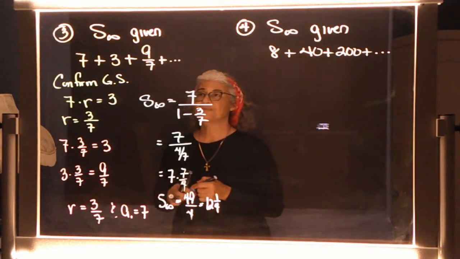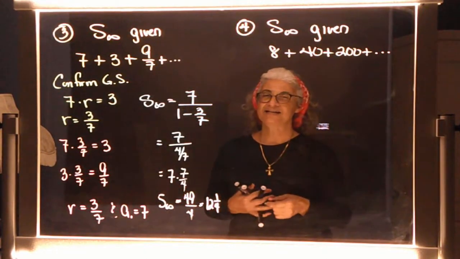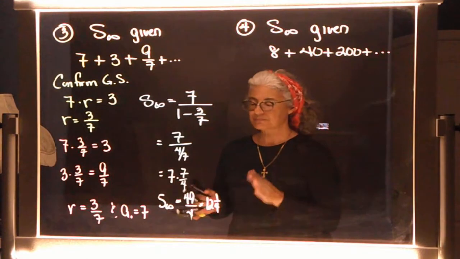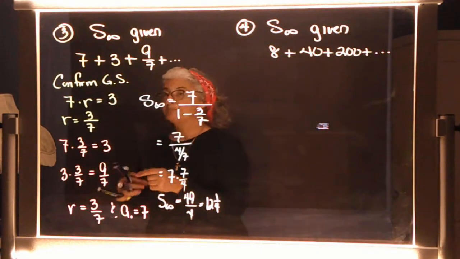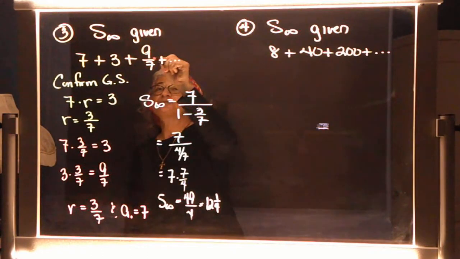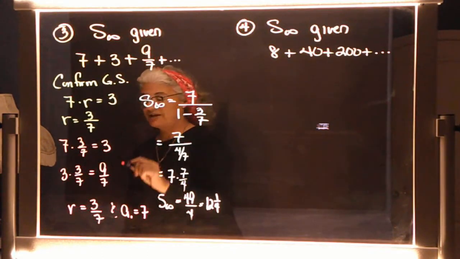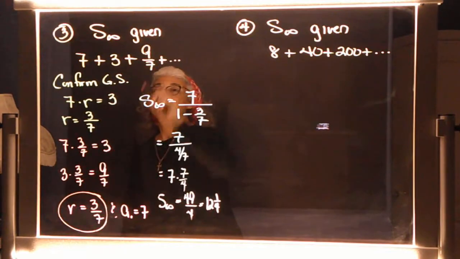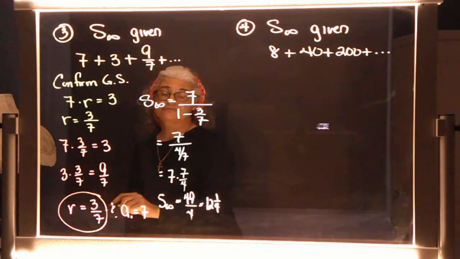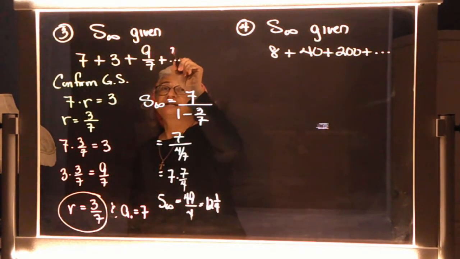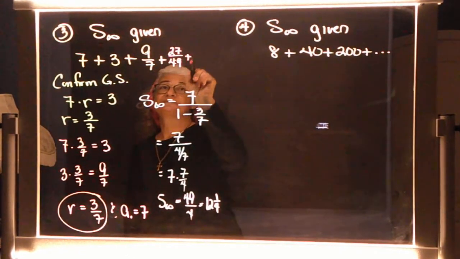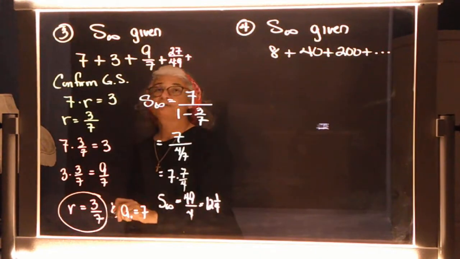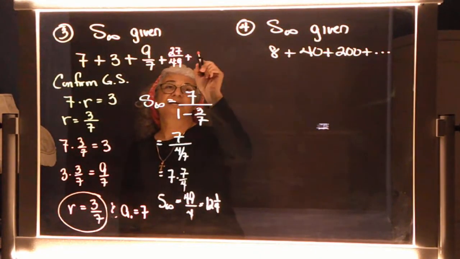And you're like, why is that again? How can you say that? Okay. Remember, the next one after this, I would have to multiply by 3/7. So what's 9 over 7 times 3 over 7? Yeah, that's going to be 27 over 49. This term multiplied by 3/7, yeah, 81 over 343.